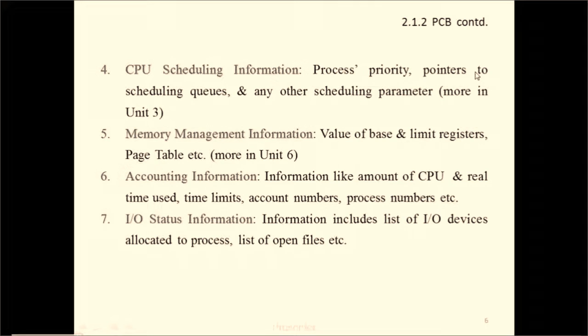Based on priority, it might have a different scheduling queue. So pointers to its scheduling queue and any other scheduling parameter that goes for the process. As we proceed, we'll deal in detail with scheduling parameters either in this unit or in the next unit.